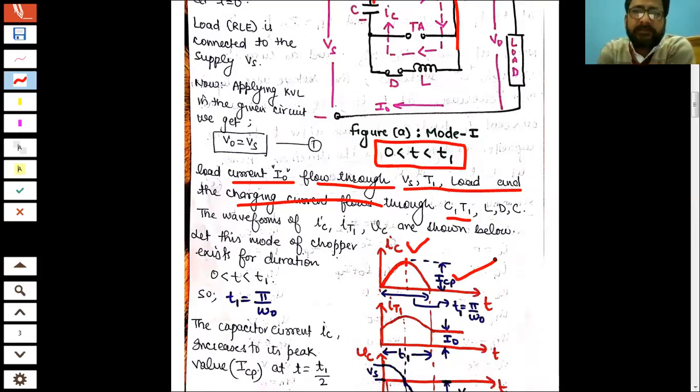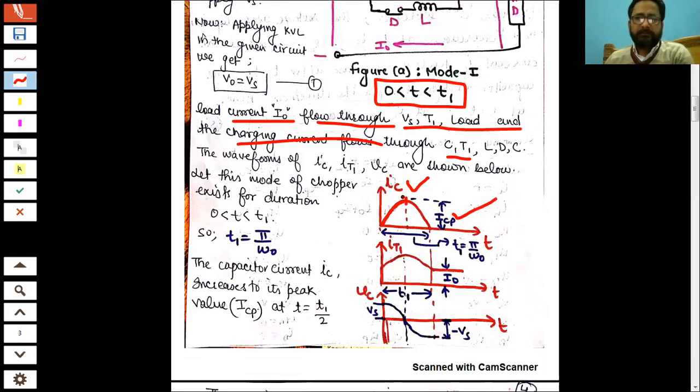I for current, C for capacitor and P for peak. So ICP is the peak value, right? At t is equal to T1 by 2, that is, at half the duration, the middle of the duration, the value of the capacitor current is peak, maximum.